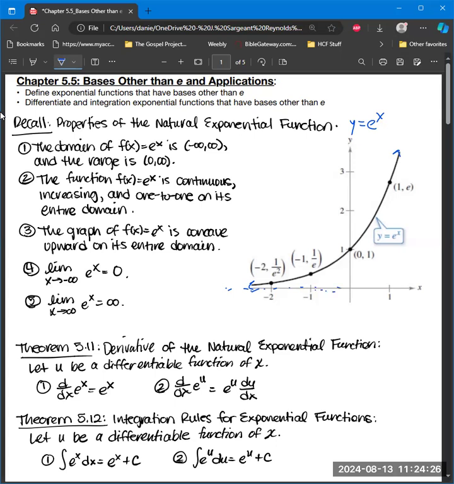So it's bounded below by y equals 0, and 0 is not included. It approaches but never gets there, so that's open on that side. To positive infinity, it goes up forever.